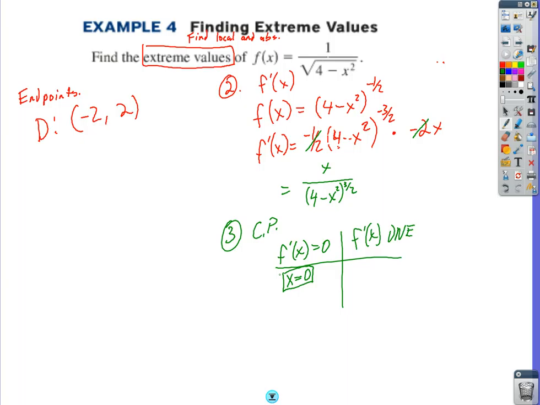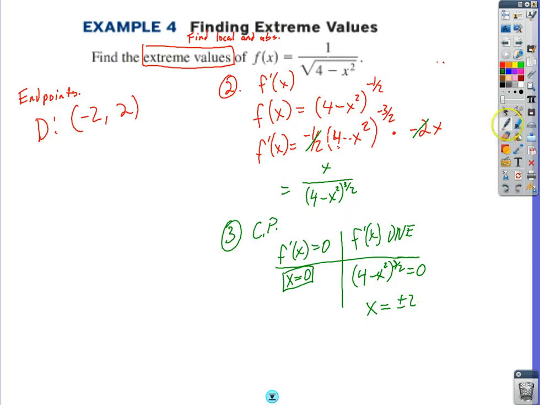And then I have to ask, when does f prime of x not exist? That's going to happen when 4 minus x squared to the 3/2 equals 0, which when I solve is x equal to plus or minus 2. And I have to ask myself, is plus or minus 2 in my domain? No, it's not. So I'm not going to count those as critical points, because they're not part of my domain.